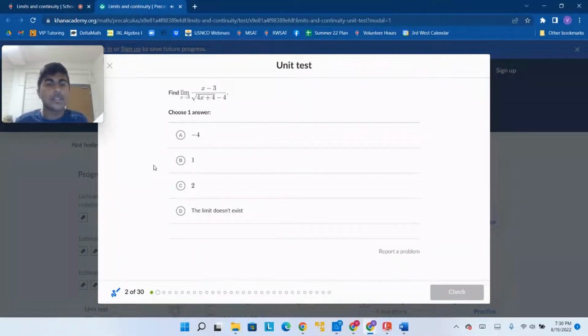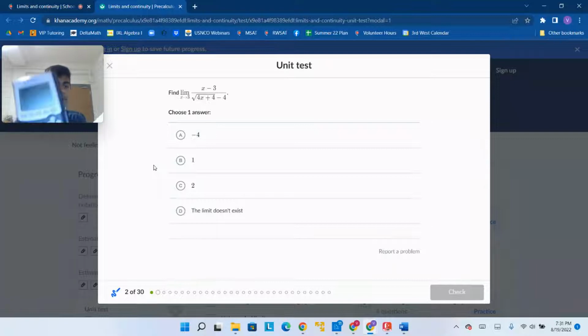Trying to find the limit as x approaches 3 right here. All right, what are we thinking? Okay, so how is this going to work? Well, we're dealing with these limits, and we're trying to figure out what this function approaches as we get close to 3. So I'm going to pull out my calculator, and I'm going to say 3 minus 10 to the negative 5.